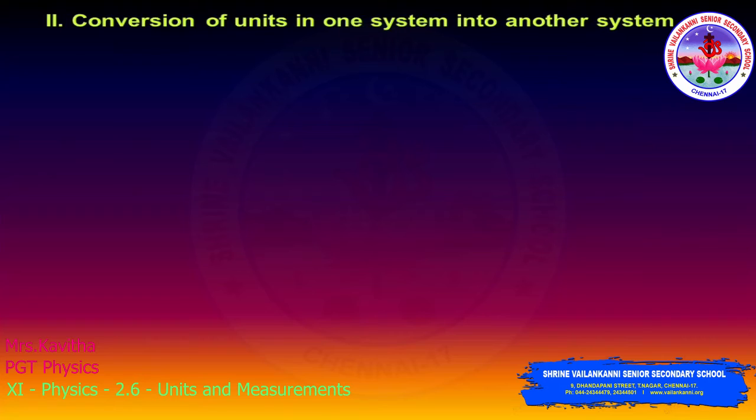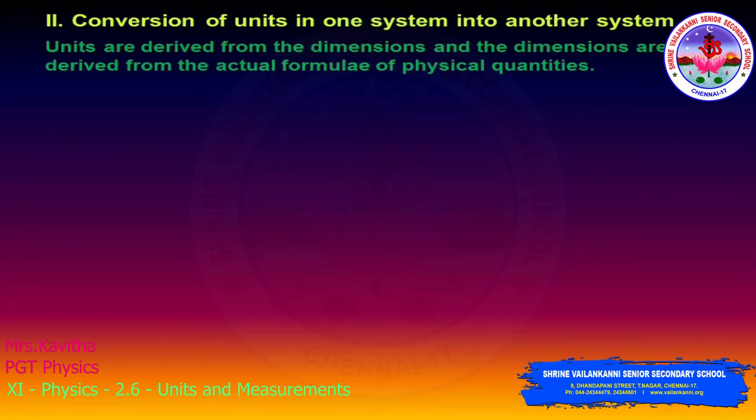Now, the conversion of units in one system into another system. Units are derived from the dimensions, and the dimensions are derived from the actual formulae of the physical quantity.